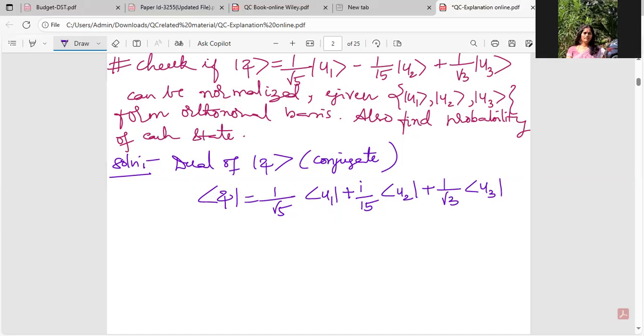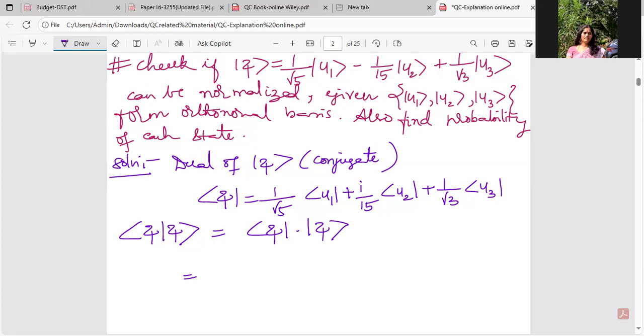And once I have the dual, I'll go with the inner product. The inner product of ket xi is nothing but the product of the dual of ket xi into ket xi.